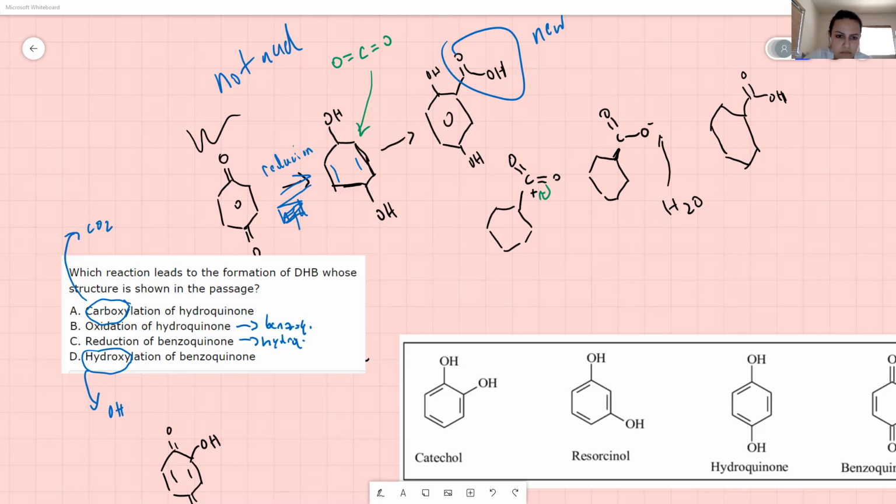So when the DHB attacks the tissue, it becomes positively charged, and it's attracted to the top, the MS detector, because that's going to be negatively charged.